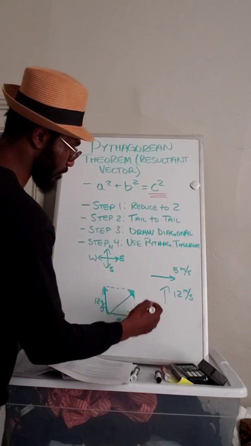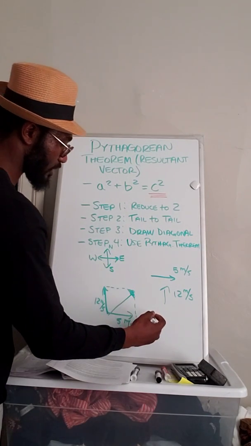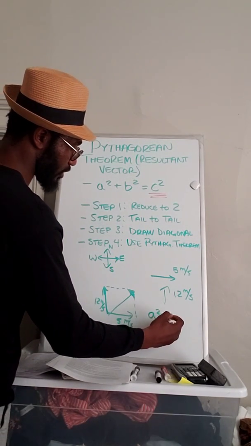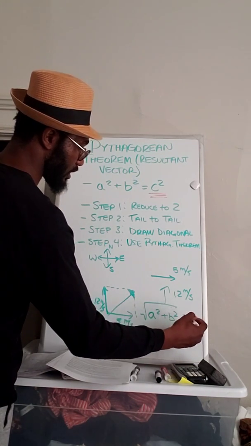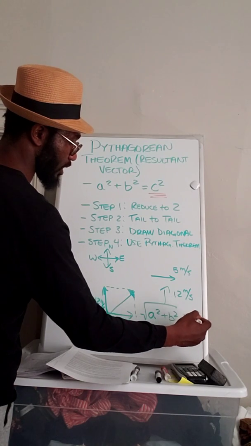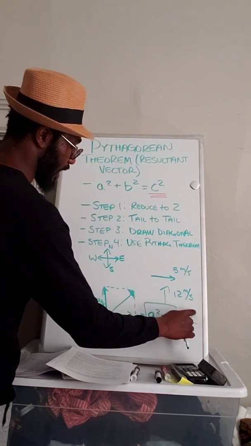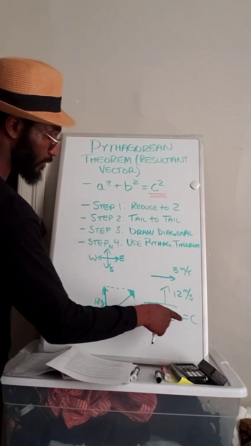And then I just go ahead and plug it into my equation. I got A squared plus B squared. Remember, I got to take the square root of it to get C instead of C squared, right? I take the square root of both sides, and that gets C by itself.